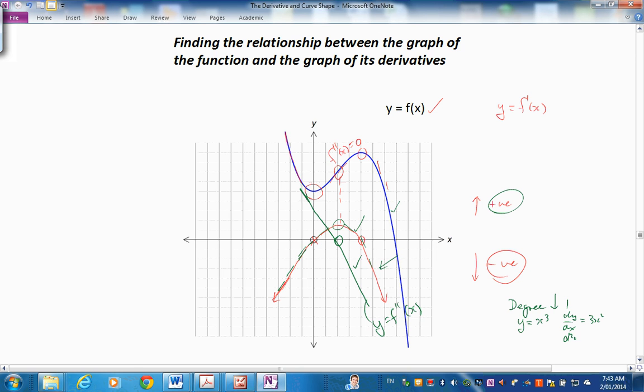Do it again, and it's 6x. See how a cubic with the x to the n rule becomes a quadratic, and then linear. Does that line up with your graph here? Yeah, it does pretty much. We've got a cubic looking thing here, then a quadratic, like a parabola, and then it's linear.